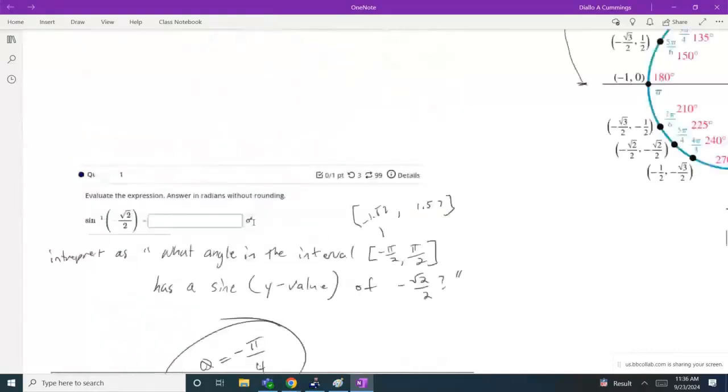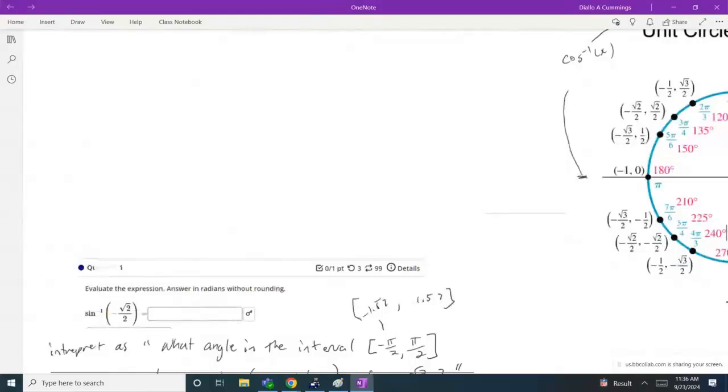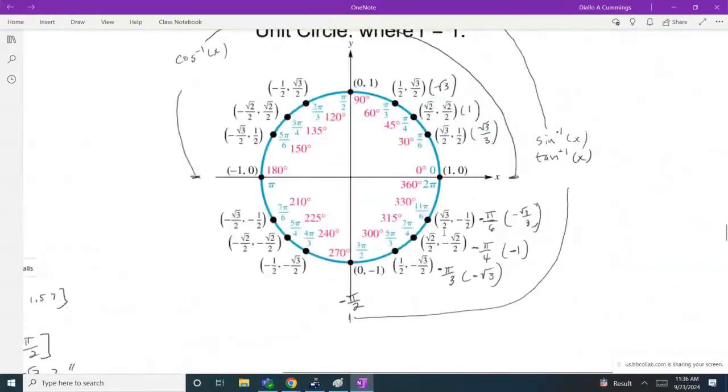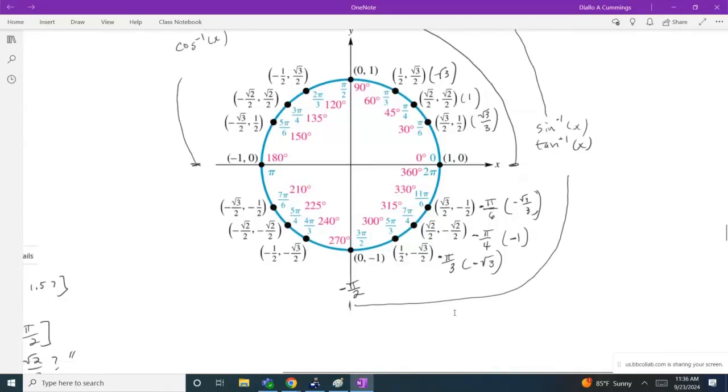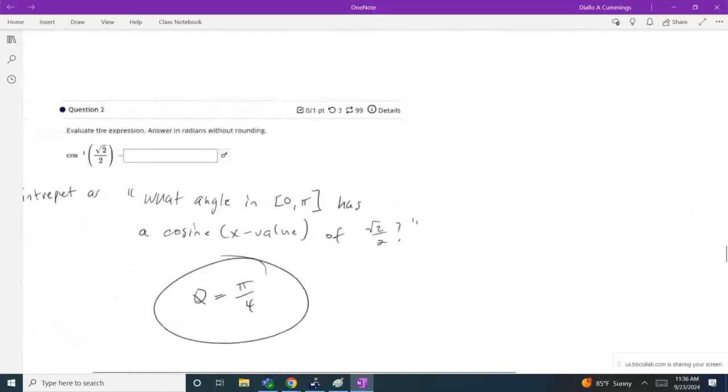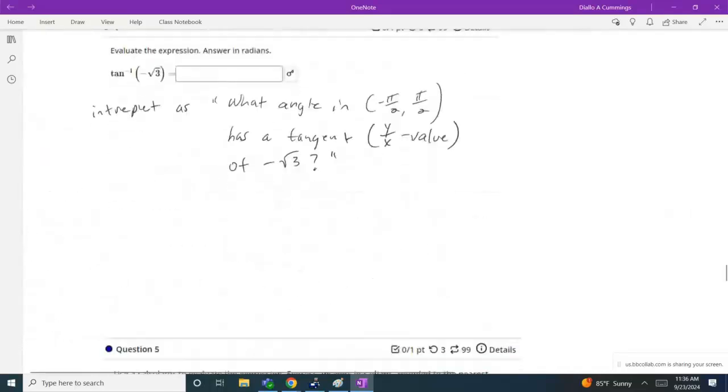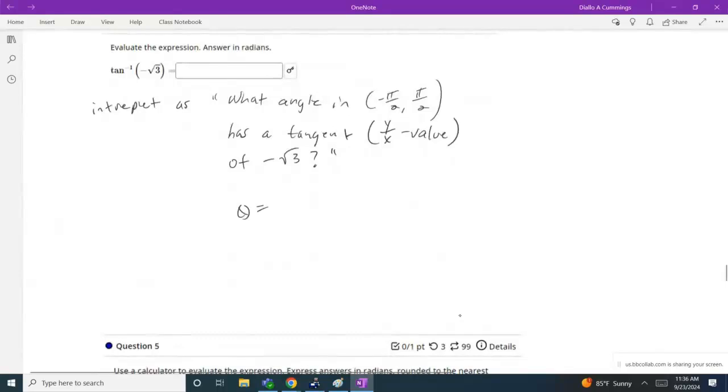So if I look back at my intervals, and if I look on the right-hand side of my unit circle, the angle that has a tangent value for negative square root of 3 should be negative pi over 3 radians. So my solution here is negative pi over 3 radians.